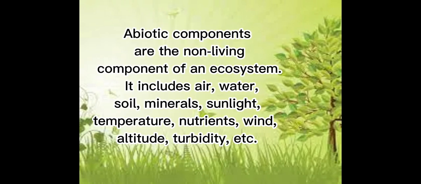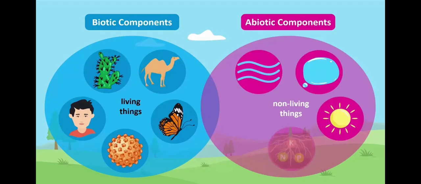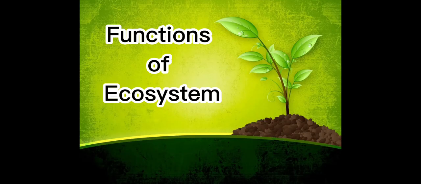Next is abiotic components. Abiotic components are the non-living components of an ecosystem. It includes air, water, soil, mineral, sunlight, temperature, nutrients, wind, altitude, turbidity, and etc. Here are the biotic components and abiotic components examples.